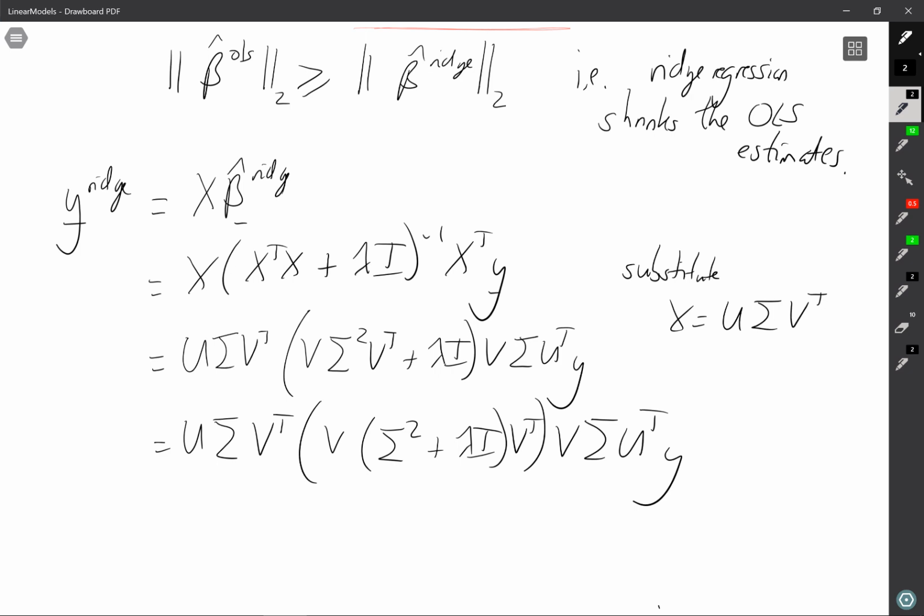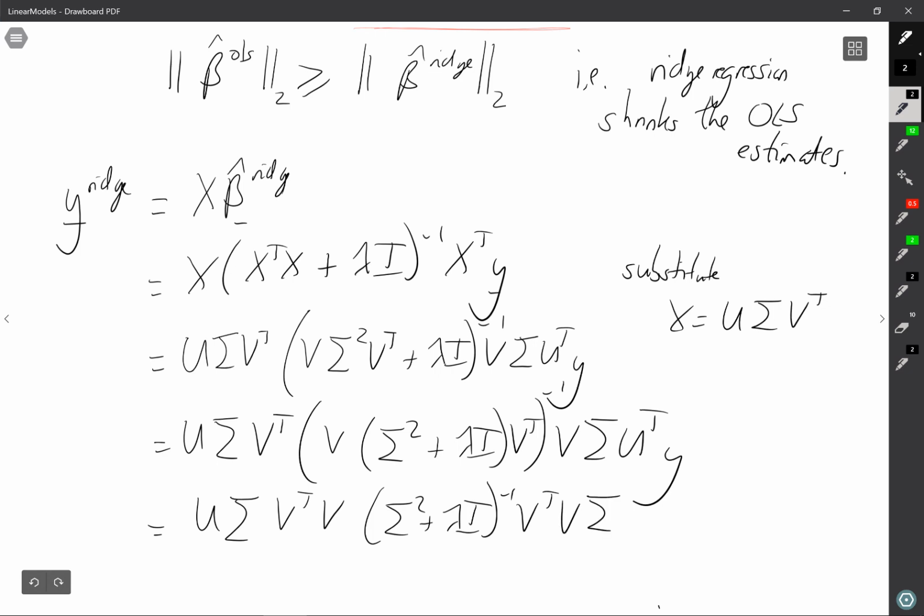So they cancel out in here. Oh, I forgot an inverse here and here. So now when we do this, we're going to get U sigma V transposed V (sigma squared plus lambda I) inverse V transposed V sigma U transposed y.